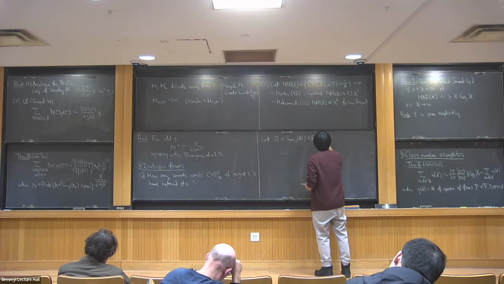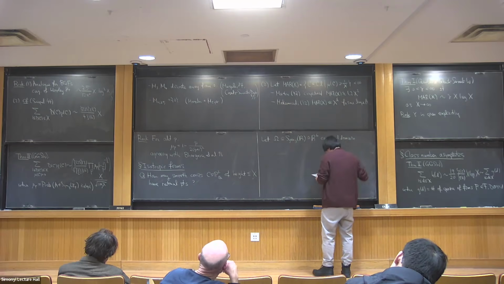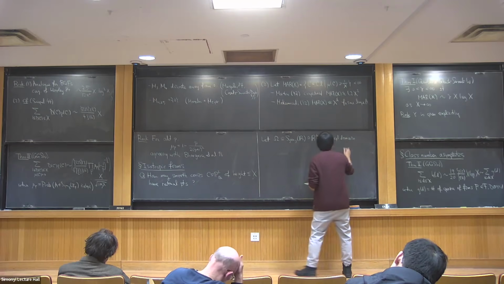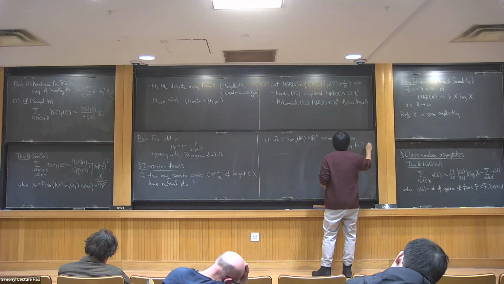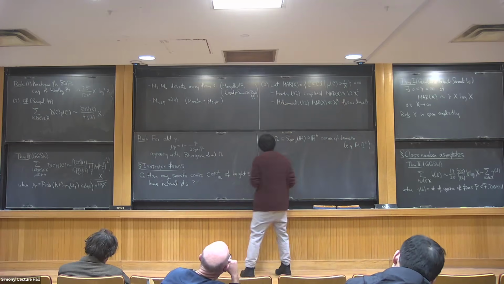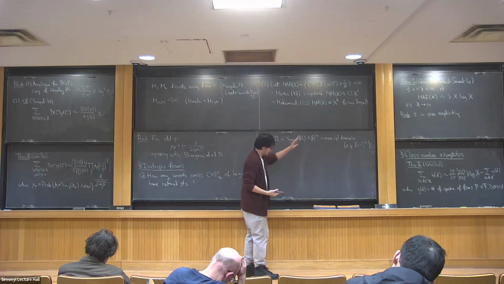Omega is a compact convex domain, for example the box, with this identification with the standard coordinates.